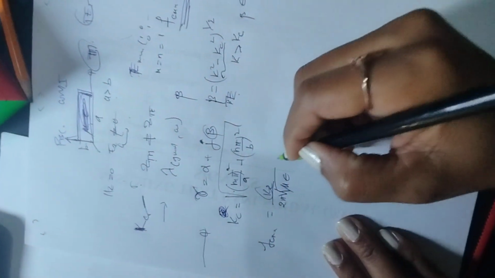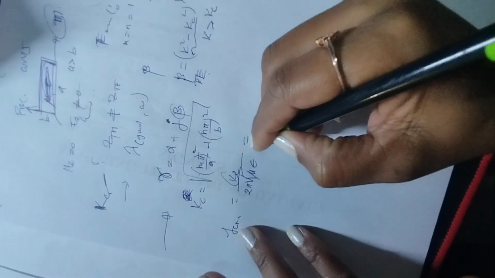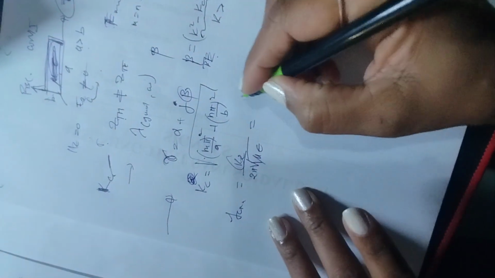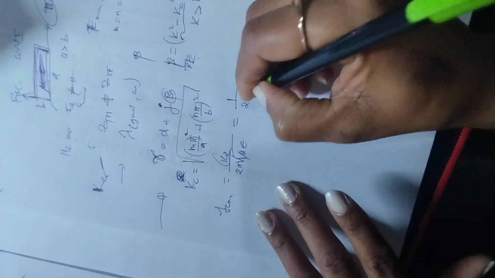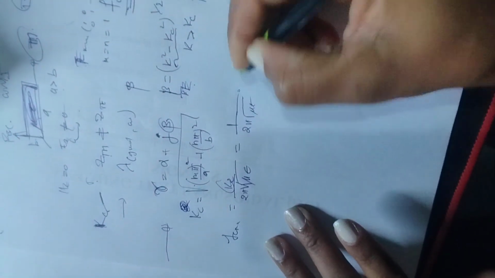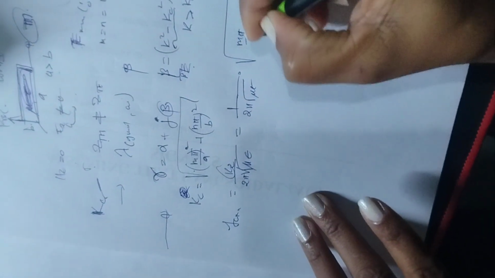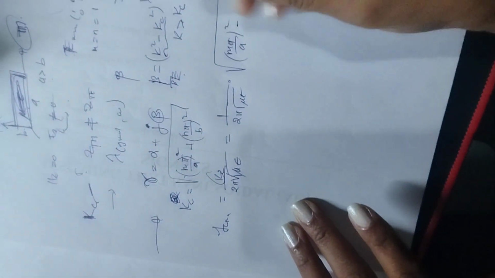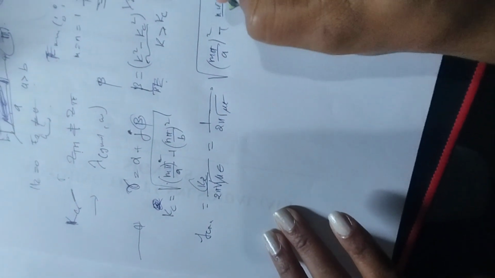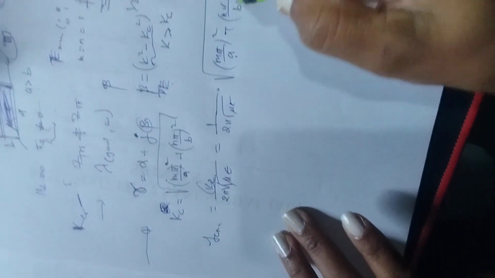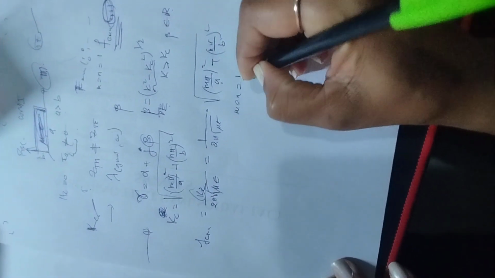You just do the substitution, then we have the cutoff frequency as 1 over 2π root of μ epsilon, times the square root of (mπ over a) squared plus (nπ over b) squared. Of course, this one is greater than this; never forget that. And as we said, the dominant mode is m equals n equals 1.